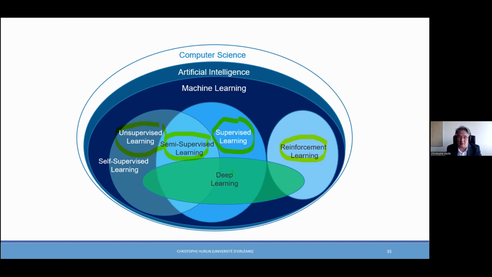Deep learning is a type of machine learning based on a particular algorithm, the neural networks. Self-supervised learning is out of the scope of my presentation. Do you have any questions about the definitions? No.